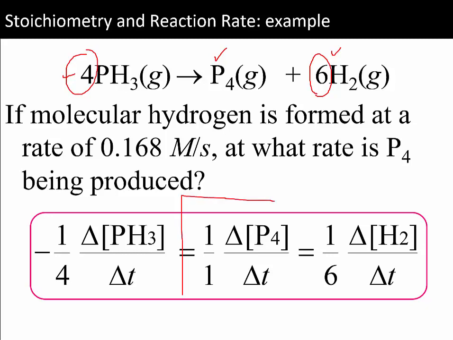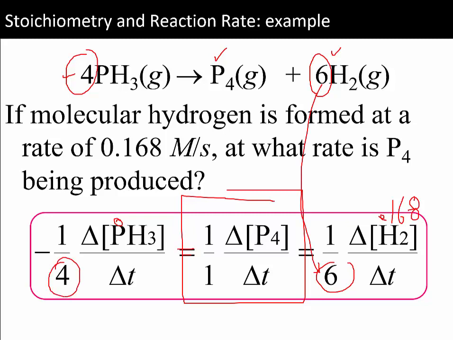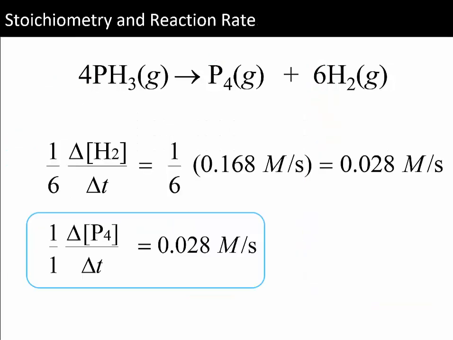So we take our slowest guy, which has a coefficient of 1. In order for it to be equal, we'll take the rate, this guy, which is 0.168 molar per second. We need to cut that down by a factor of 6, right?